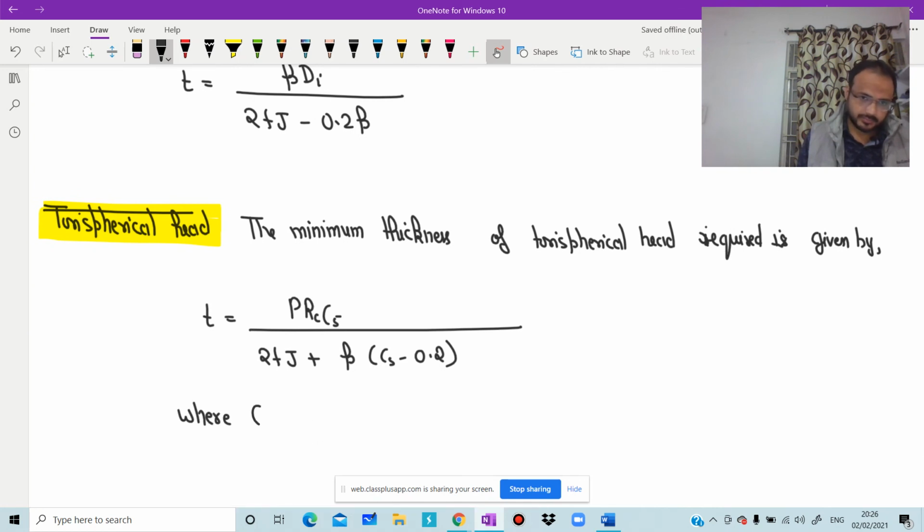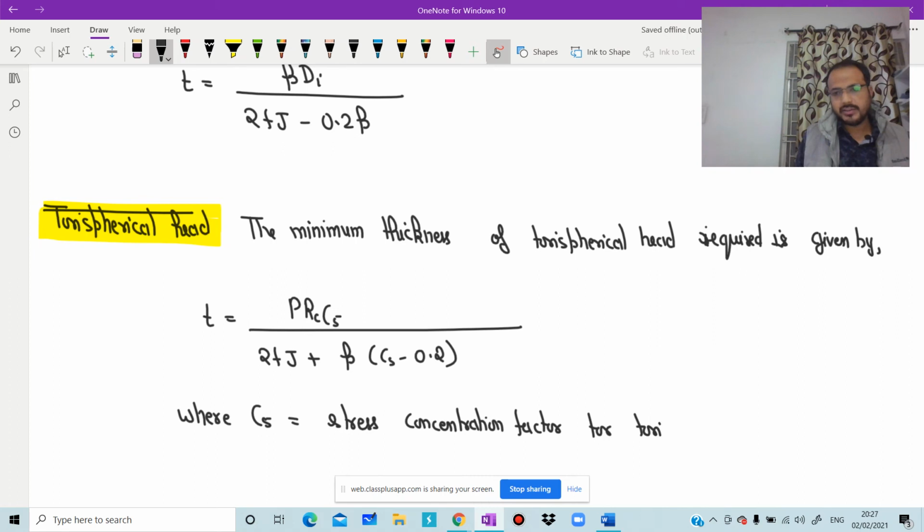where CS is the stress concentration factor for torispherical head.